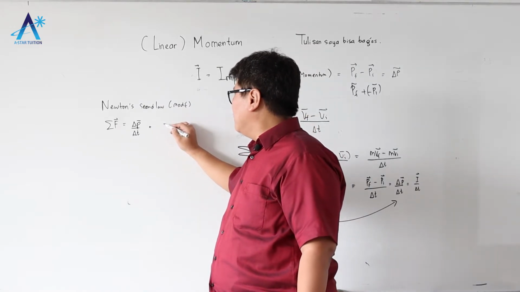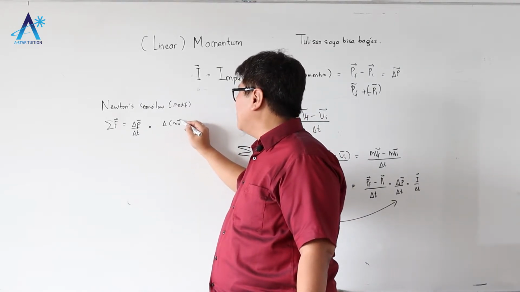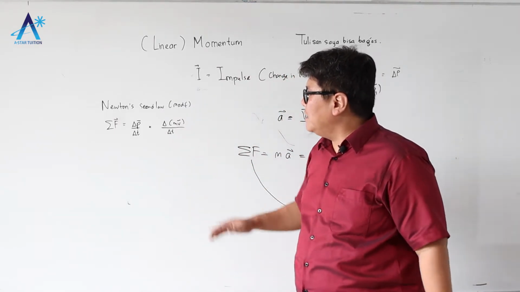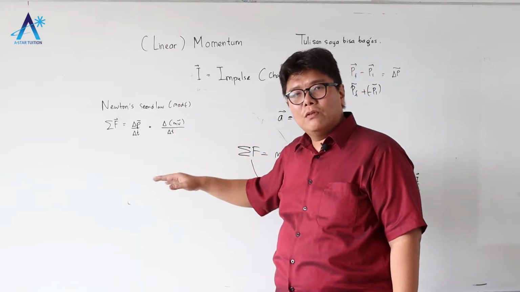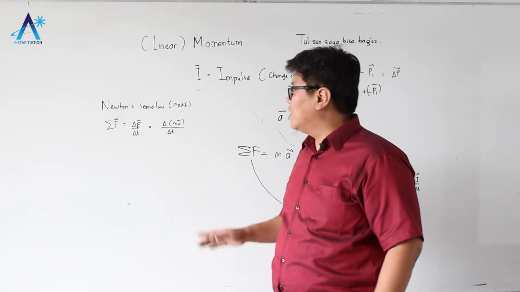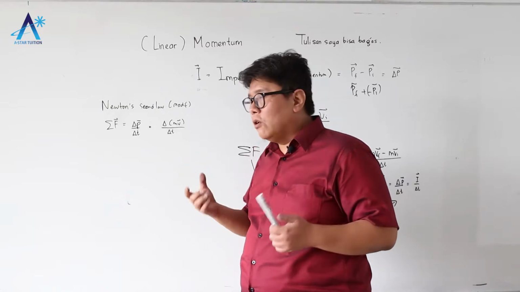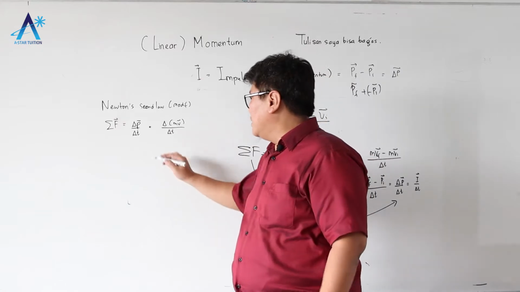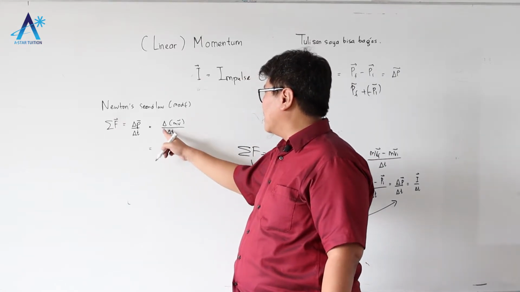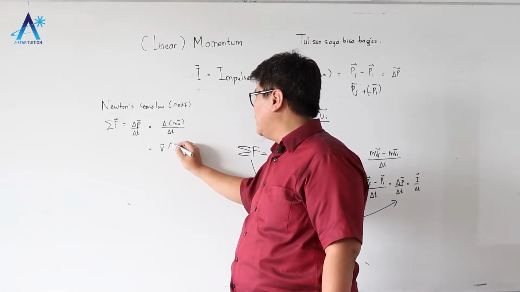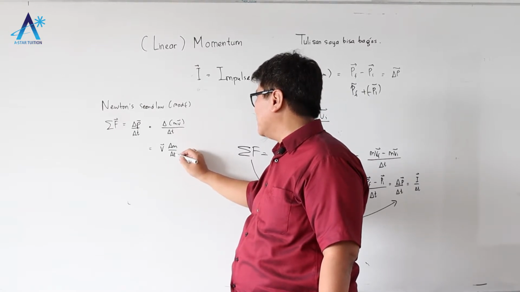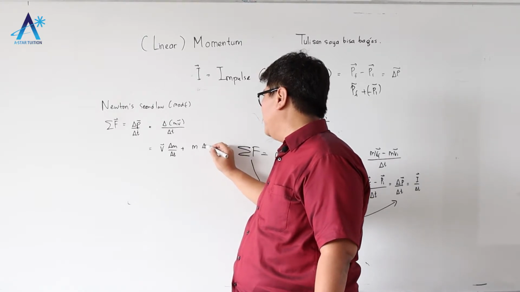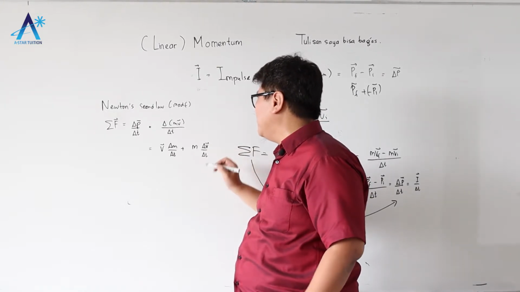Now, in fact, let me bring a bit of calculus here. If you're not familiar with calculus or differentiation, then maybe it's okay to skip this part. But if you have some knowledge about how to differentiate using the product rule, then you can see that here I can write it as v dm/dt, delta m over delta t, plus m dv/dt, delta v over delta t.